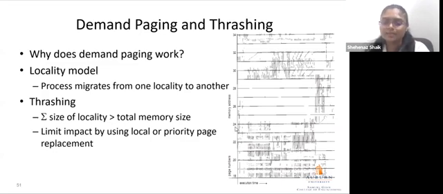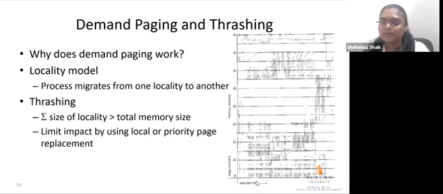For that reason, we need the respective number of frames allocated to this process during this period of its execution, from here up through here.